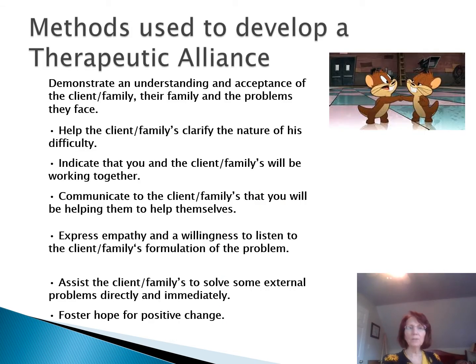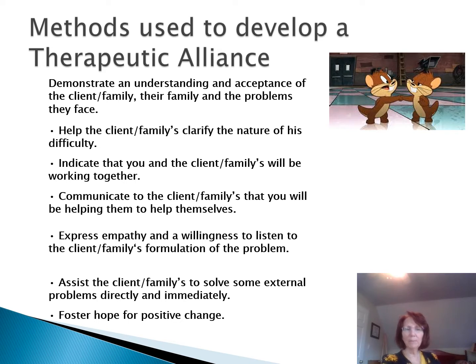So the steps to use to develop a therapeutic alliance are demonstrating an understanding and acceptance of the client and the family's problems that they might face. Help the client and family clarify the nature of their difficulty. Indicate that you, the client, and the family will be working together in a partnership.